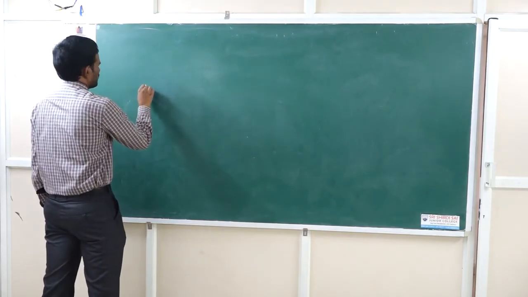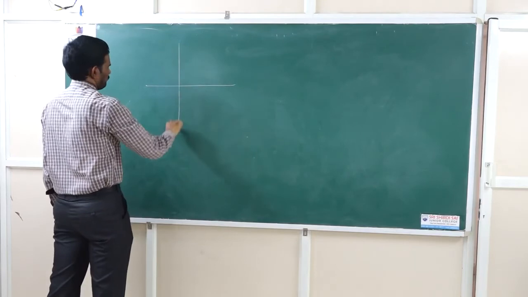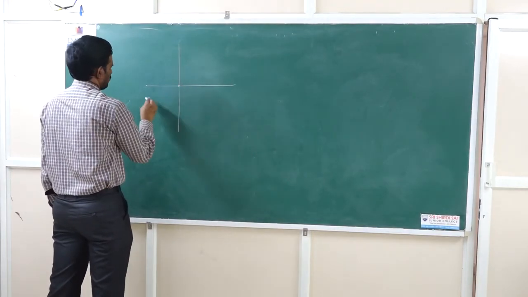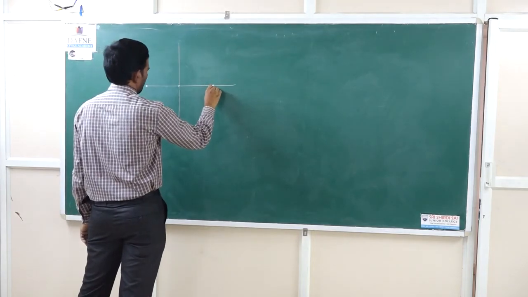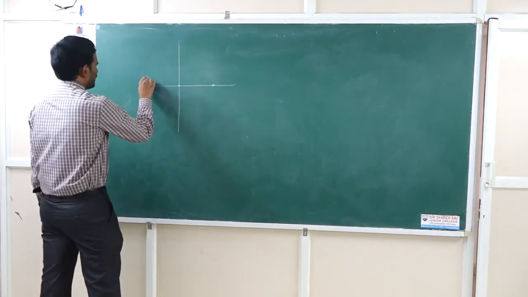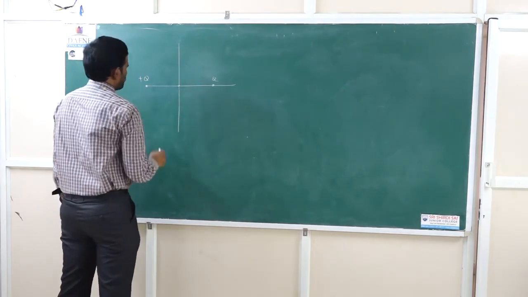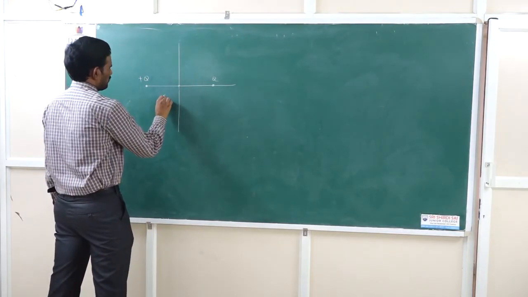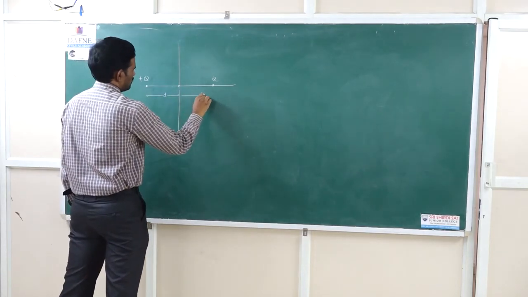Like here, let us consider this is our origin. One charge is here, another charge is here. Both are like charges I am taking here. This is plus q and this is also plus q. Both are separated by a distance of 2d, so that this distance is d and this distance is also d.